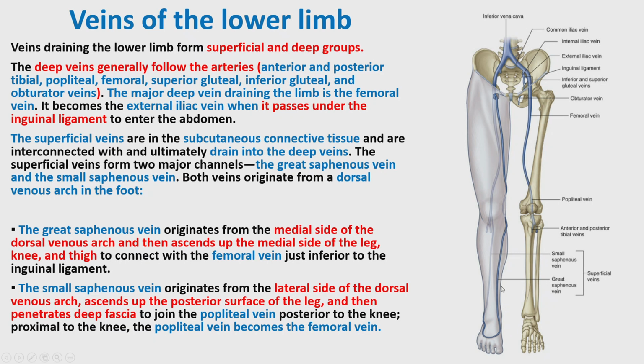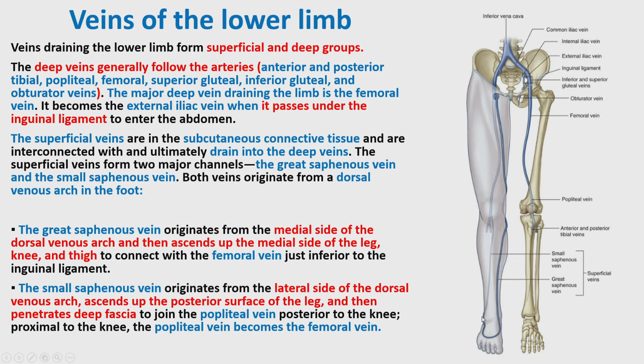It goes upward on the medial side of the leg, up to the opening under the inguinal ligament called the saphenous hiatus, or saphenous opening, and drains to the femoral vein just inferior to the inguinal ligament.